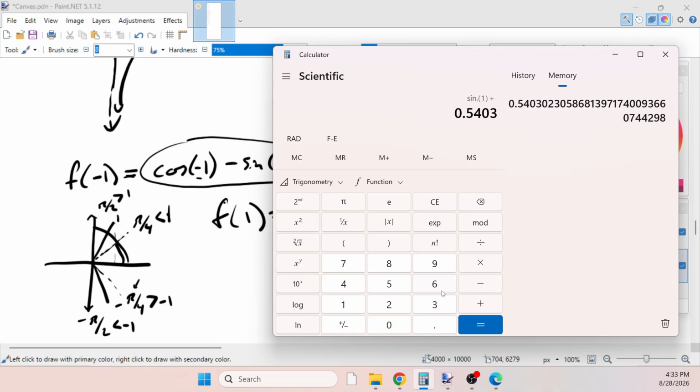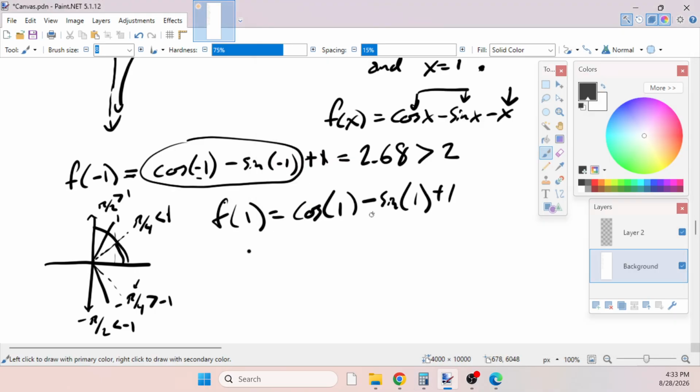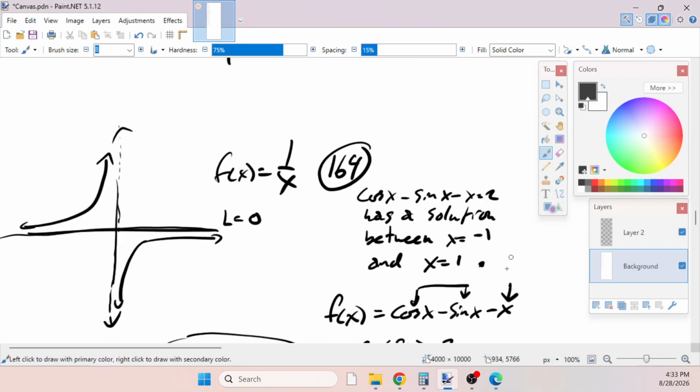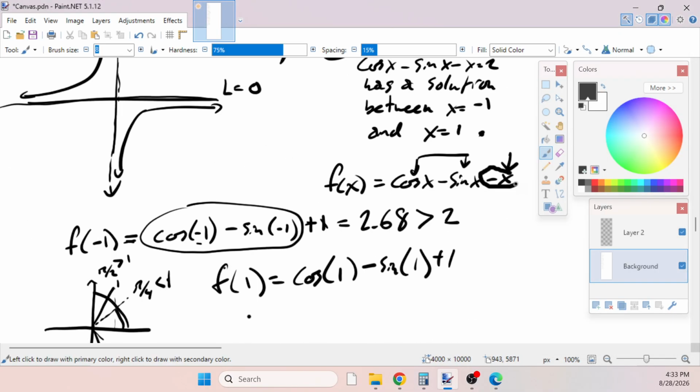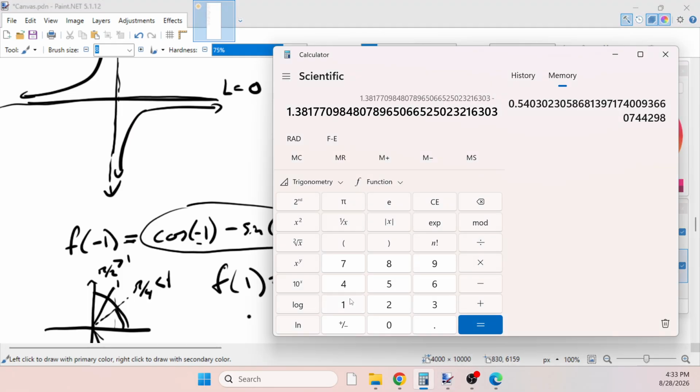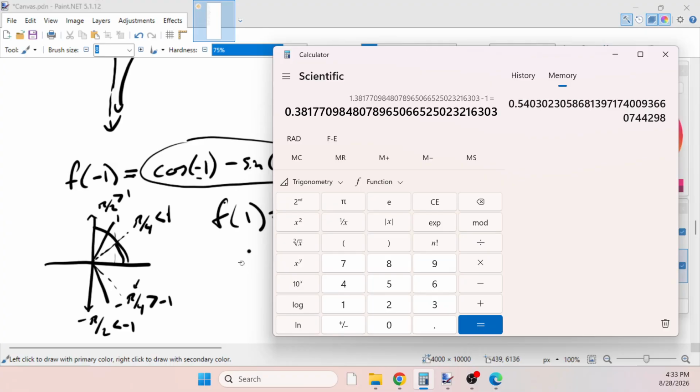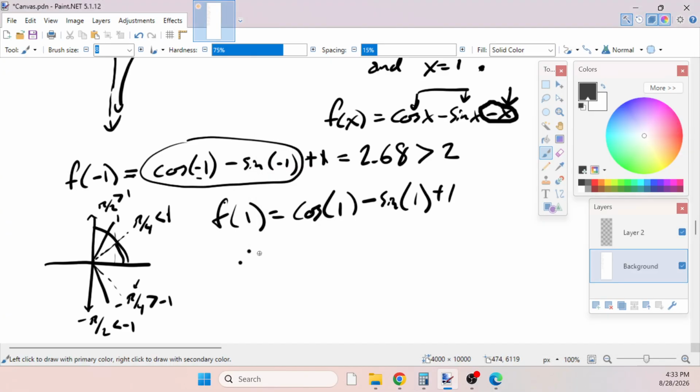That should be enough digits. We get this, and then we're going to subtract 1. And we get 0.38. So this is equal to 0.38, which is less than 2.